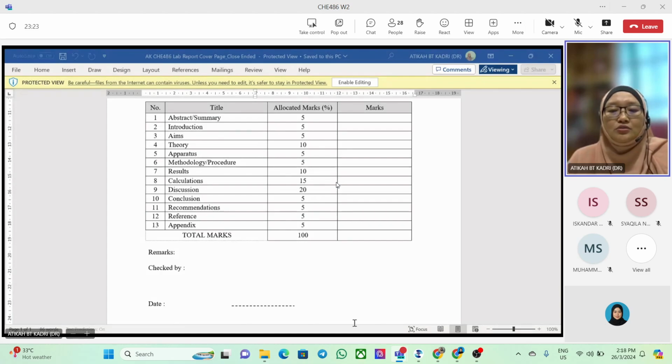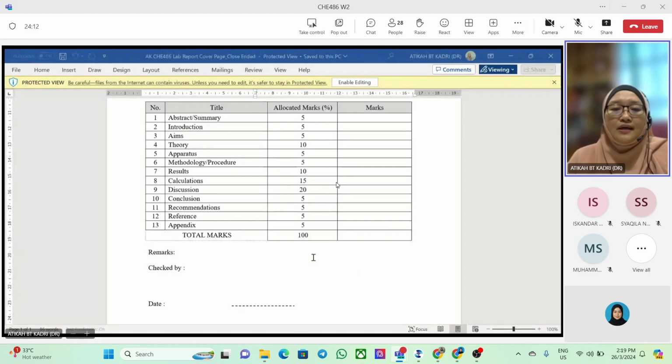The content, however, is the same. In a report format, you should have an abstract, an introduction, the aims or the objective of the experiment, the theory behind it, what the apparatus looks like, the method or procedure, results, some calculations, samples of calculation, and then discussion, conclusion, recommendations, the references that you use, and appendixes to be attached with your report.